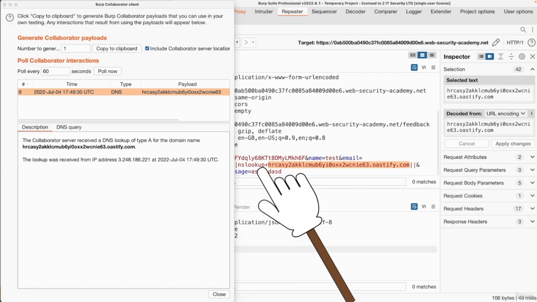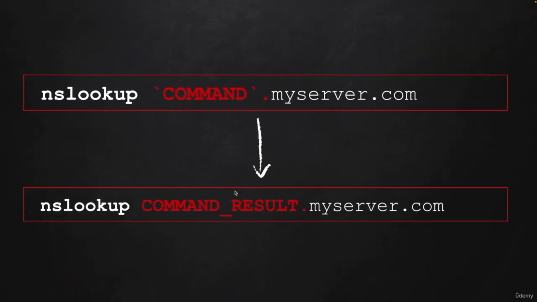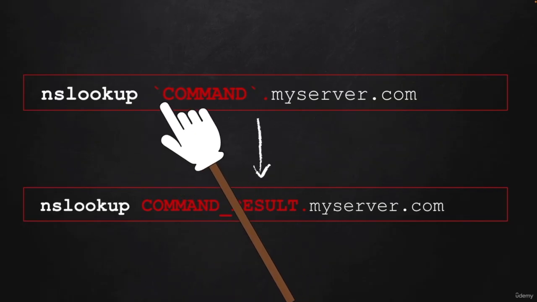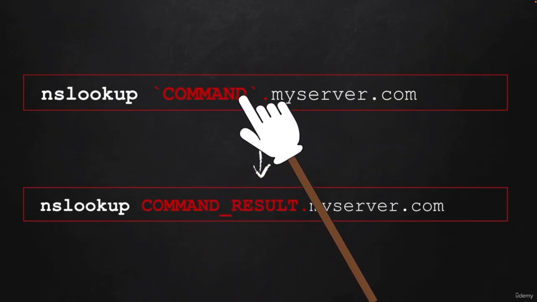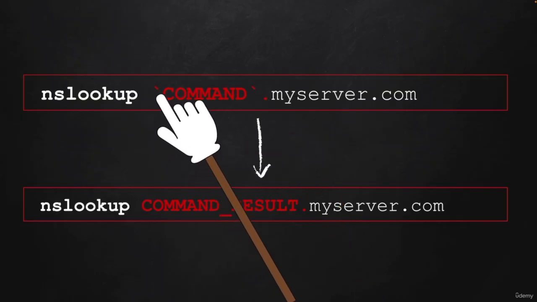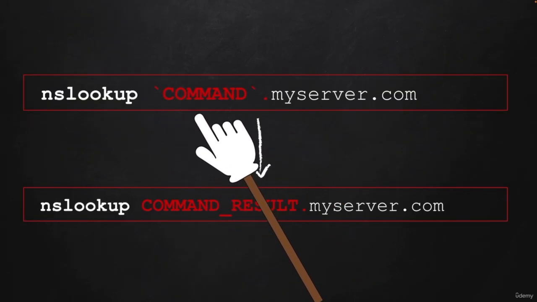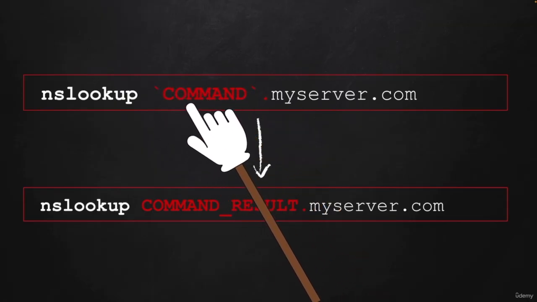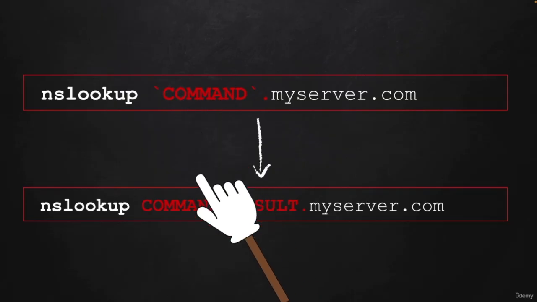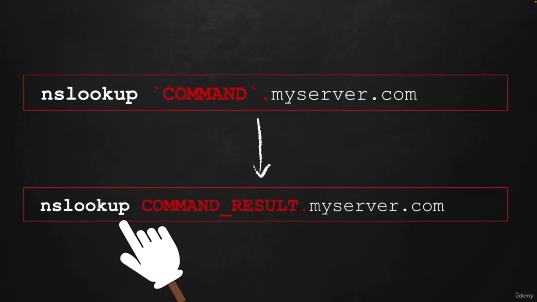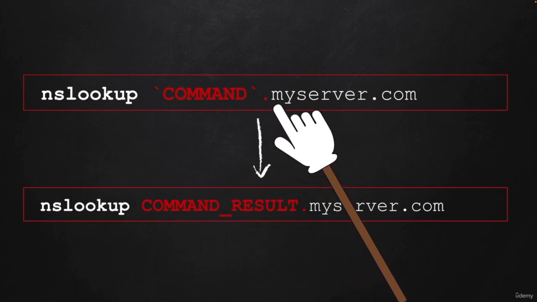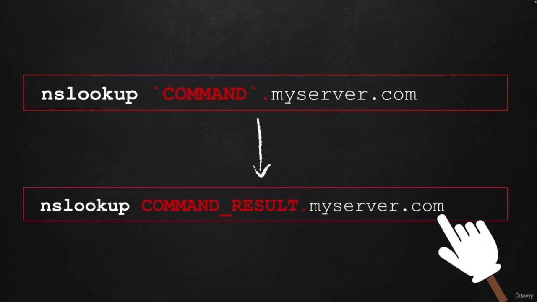We're still going to be using the nslookup command, but we're going to edit it so that we perform an nslookup to the command that we want to execute on the server, surrounded by these quotes in here. And as a result, the terminal is first going to execute the command that you have between the two quotes and replace it with the result of the command execution, like so, and then perform an nslookup to whatever result you got from executing this command .yourserver.com.